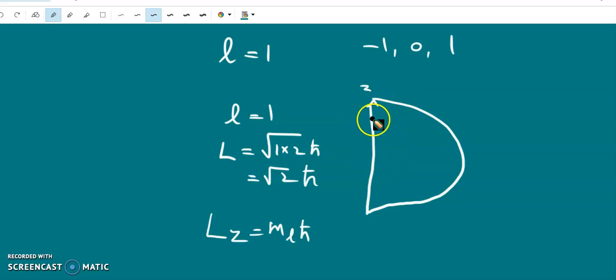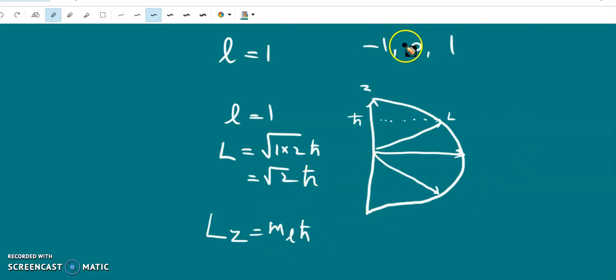So this is z, and the angular momentum can align in such a direction that its z component is ml times h cross. In this case, this is L, and Lz is h cross. For this case, the z component is 0 times h cross.